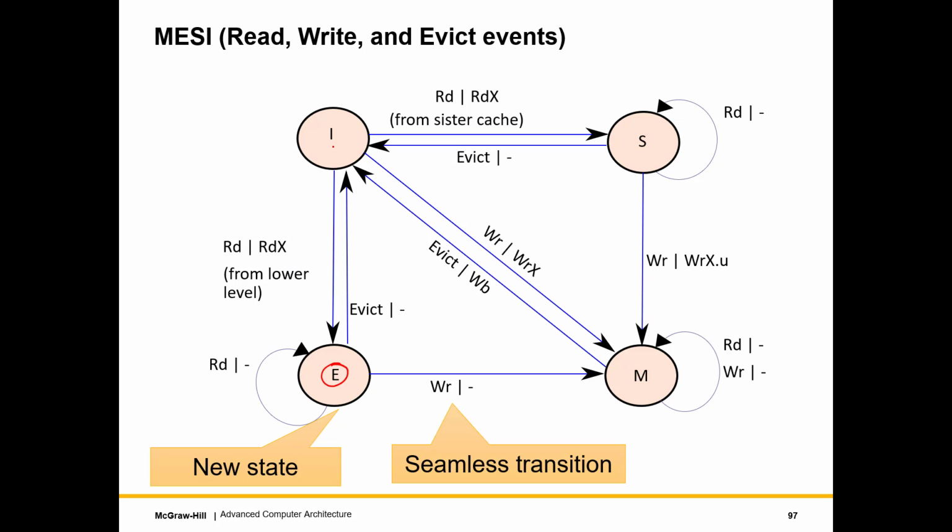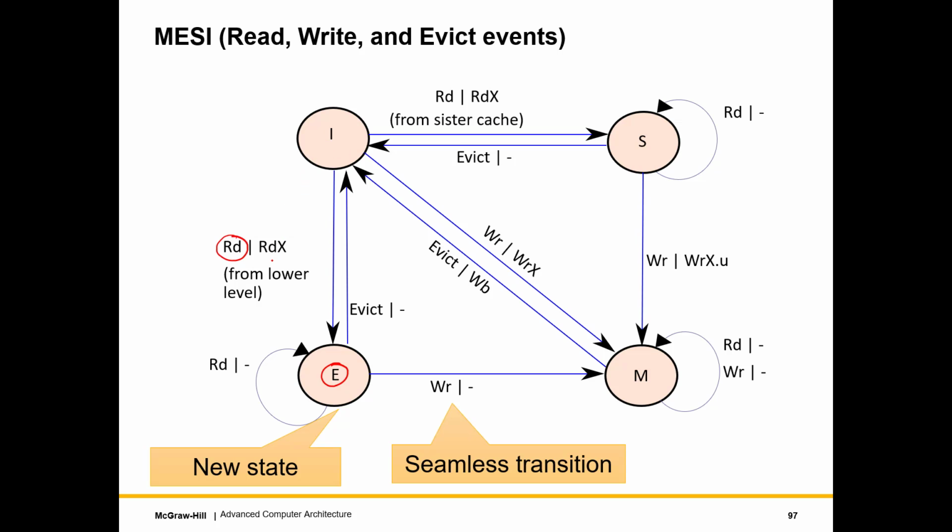So initially from the I state, if there is a read and we are reading from the lower level, not from a sister cache, so we clearly make a differentiation over here whether we are reading from a sister cache or we are reading from the lower level. If we are reading from a sister cache, we transition to the S state, which is the usual thing that we had seen previously with the MSI protocol.